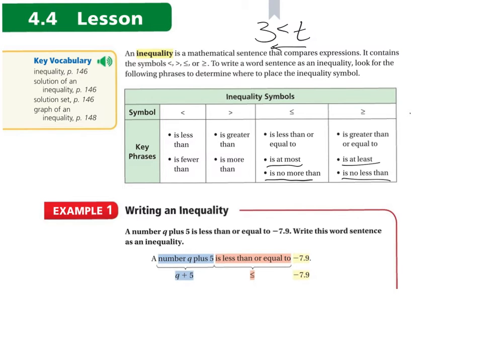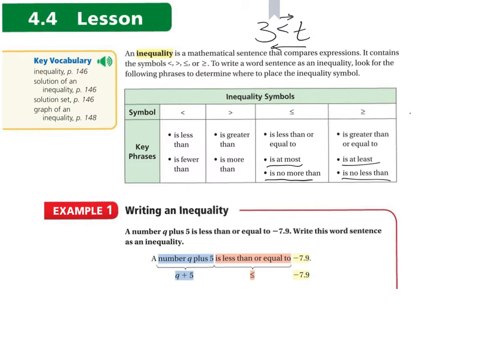And they always told you that the shark eats the bigger number, right? So you would think that this would be less than, but if you look at where the shark is facing, toward the variable, the shark is eating the greater number. So t is greater than 3 here. That's another important distinction that I see kids messing up on.